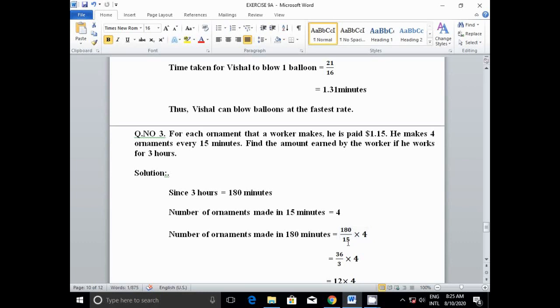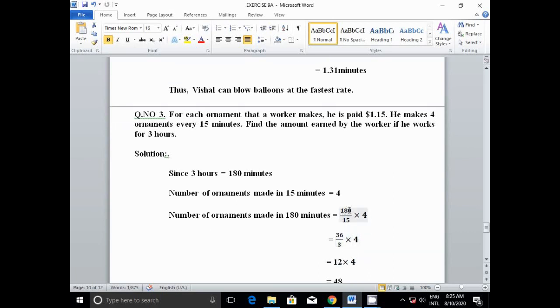So if we divide 180 by 15, we know that 180 and 15 are both multiples of 5, so we can divide the numerator and denominator by 5. Now if we divide 180 by 5, we get the quotient 36. Same as if we divide 15 by 5, we get 3, multiplied by 4.